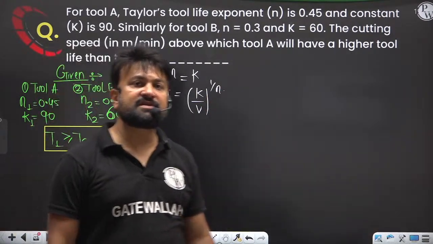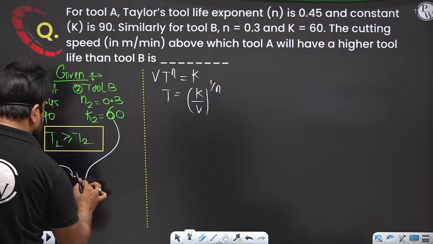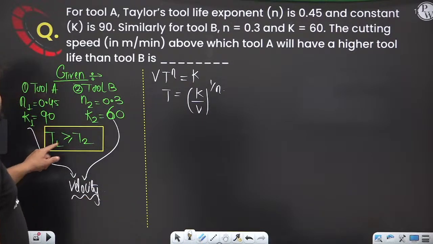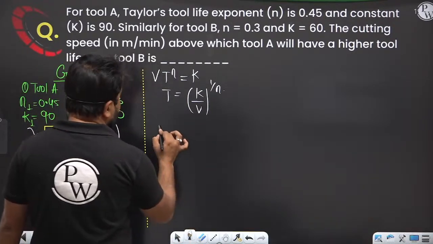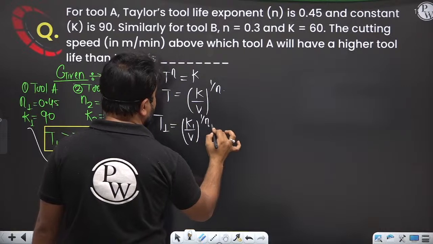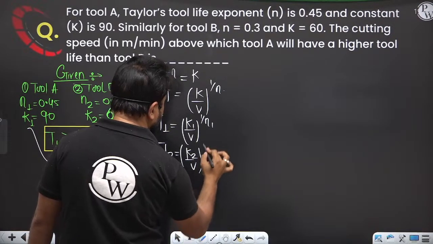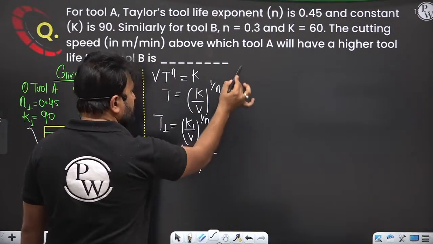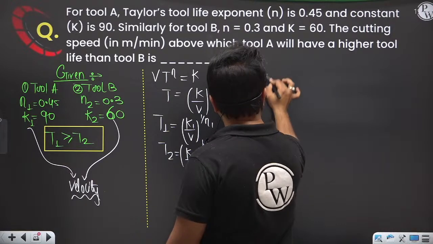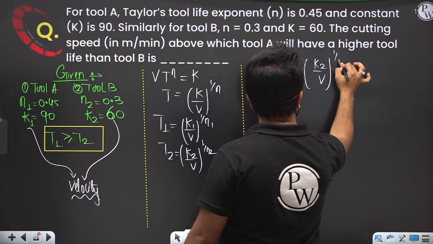In both the cases, the velocity is the same, and we have to find that velocity above which the tool life of A is greater than the tool life of B. So you can write T1 equal to K1 divided by V to the power 1 by n, and T2 equal to K2 by V to the power 1 by n. Now put the values here. So K1 divided by V to the power 1 by n equals K2 by V to the power 1 by n.